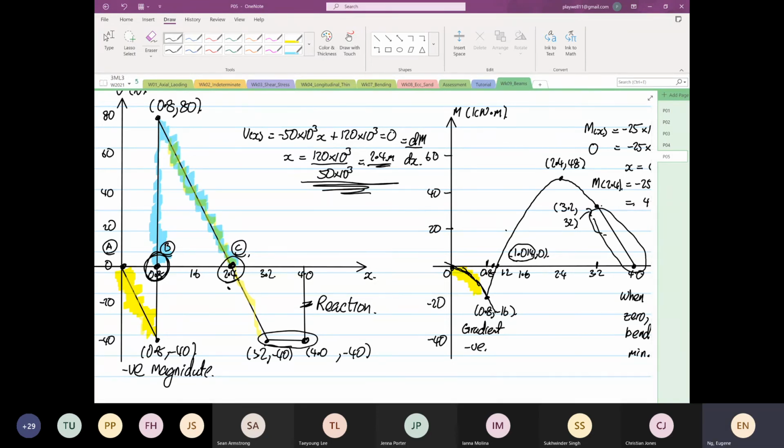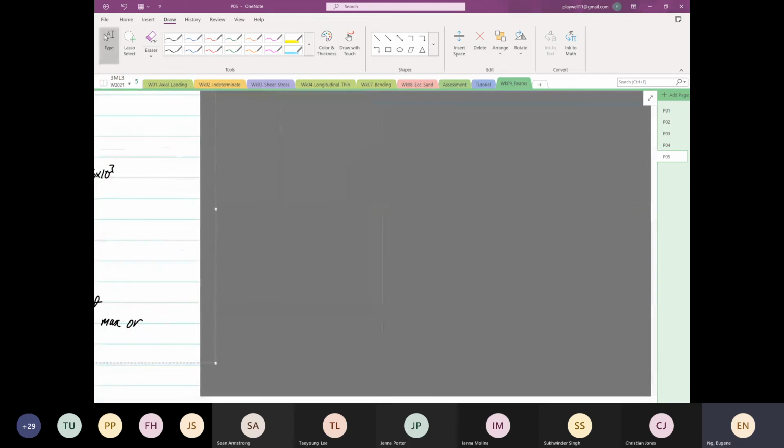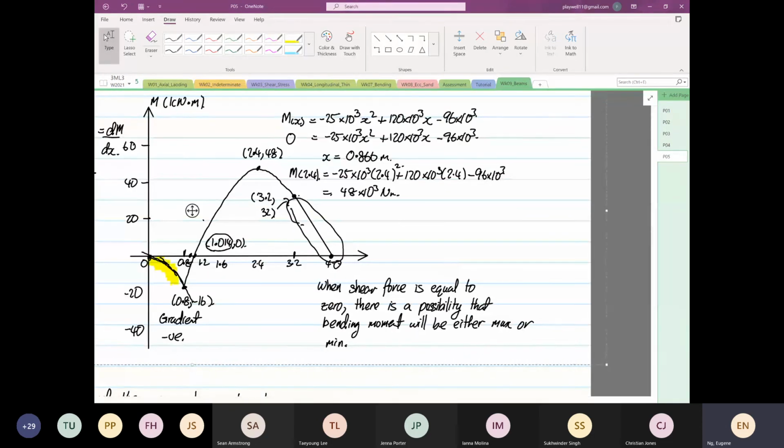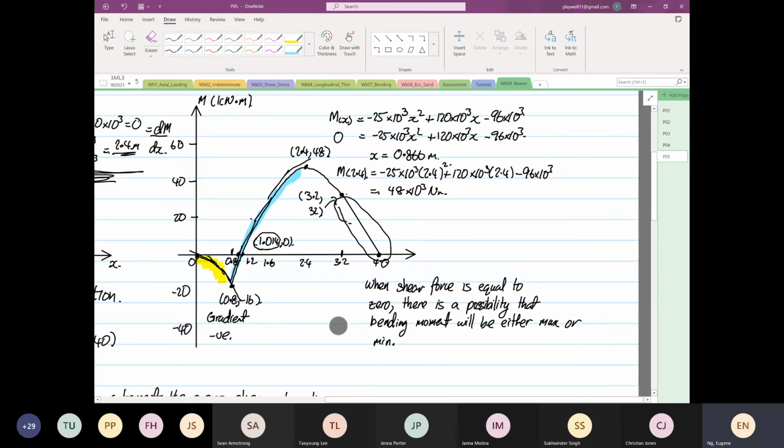So the magnitude is positive, and the gradient on the bending moment, which I'm going to shade in blue, is positive.